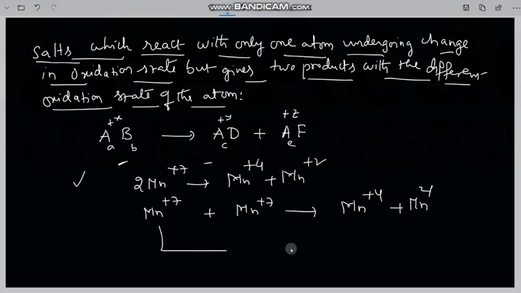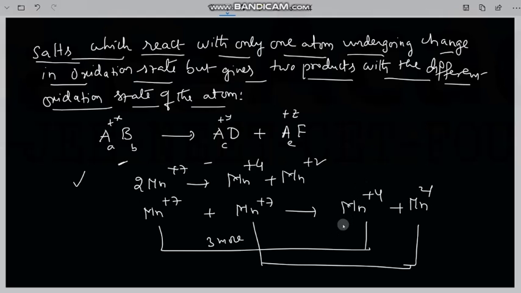In that, one Mn plus 7 is changed to Mn plus 4, another Mn plus 7 is changed to Mn plus 2. In such a case, you can easily tell that the first one has a change of 3 moles of electrons, and the second one has 5 moles of electrons, which is the total change.